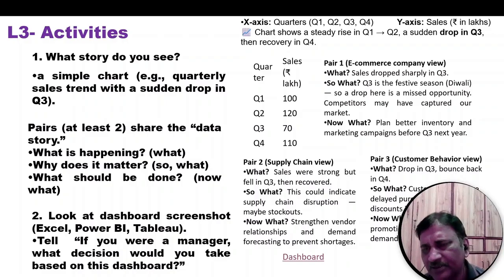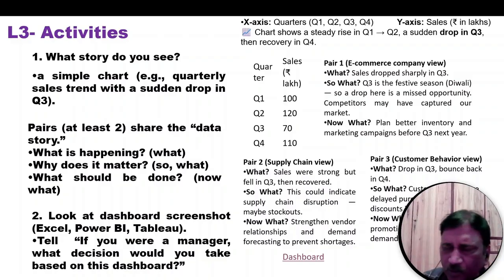So they waited for the discount to get declared, and that affected quarter three. These are all scenarios; different teams are discussing. Now what? Introduce a mid quarter three promotion to smooth out the demand. So mid quarter three advertising, promotion, etc. is declared to increase the sales.